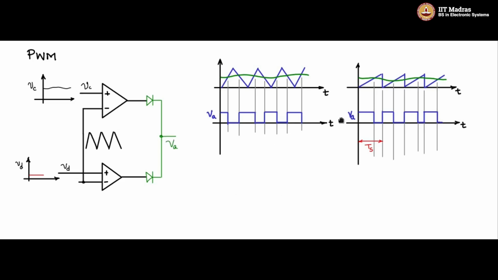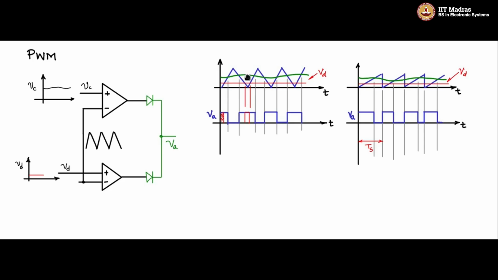So let us superimpose this on the triangular carrier and see what happens. You see that here also, this we call Vd. So you see that here there is a minimum pulse width.